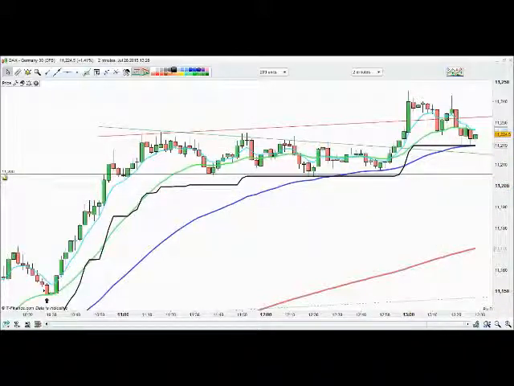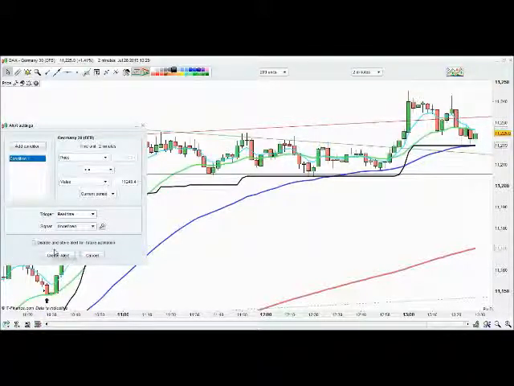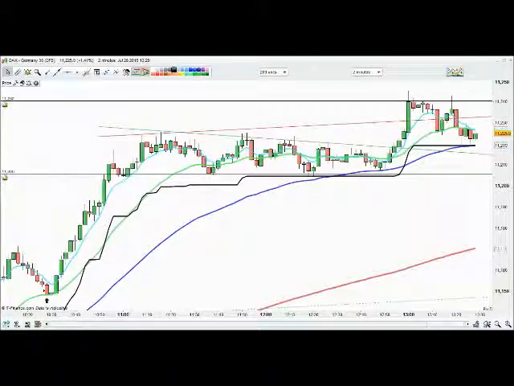It is a case of being a fisherman sat on the bank, and I don't tend to be at the screen for very long because I'm off doing other things, but I've just come back again to see how things are moving, and I'm going to put in an alarm just up here, around 11,240.